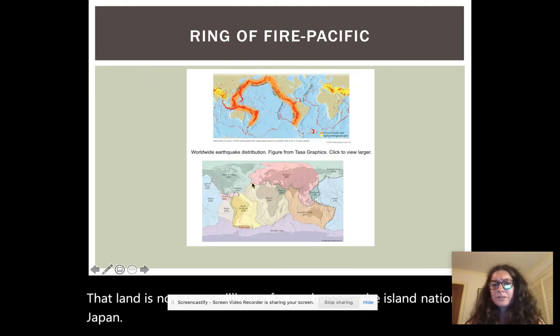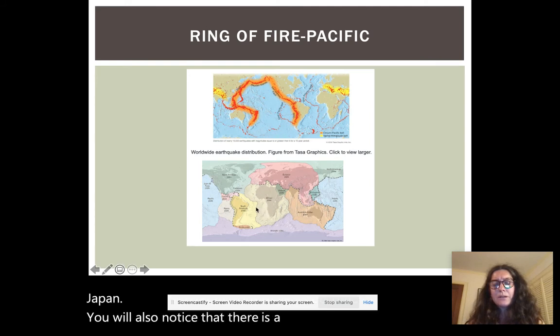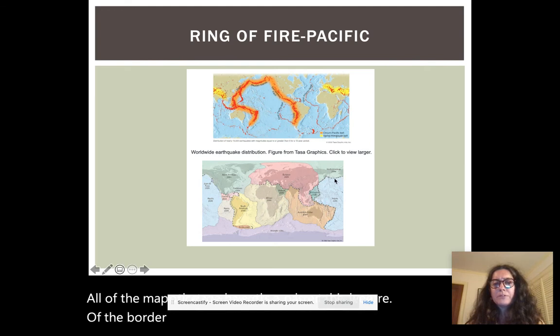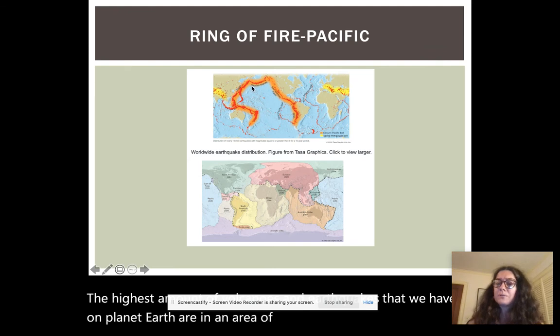You will also notice that there is a pattern if you look at all of the maps that we have throughout this lecture of the border of all of the plate boundaries of the Pacific plate, and then line them up with the amount of volcanoes and earthquakes. The highest amount of volcanoes and earthquakes on planet Earth are in what we consider the Pacific Ring of Fire.